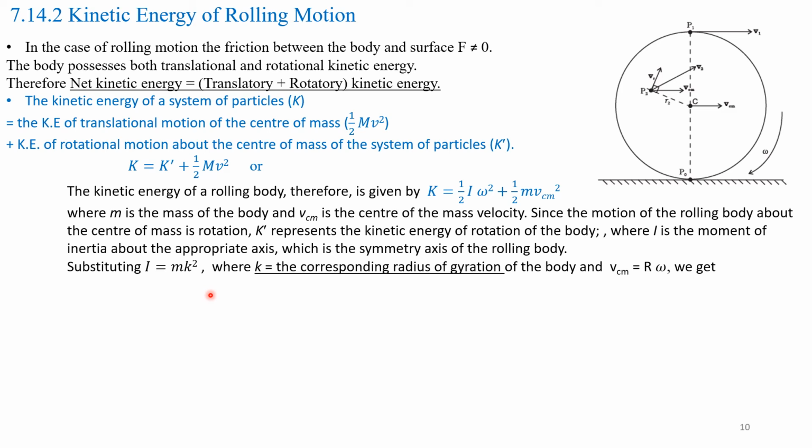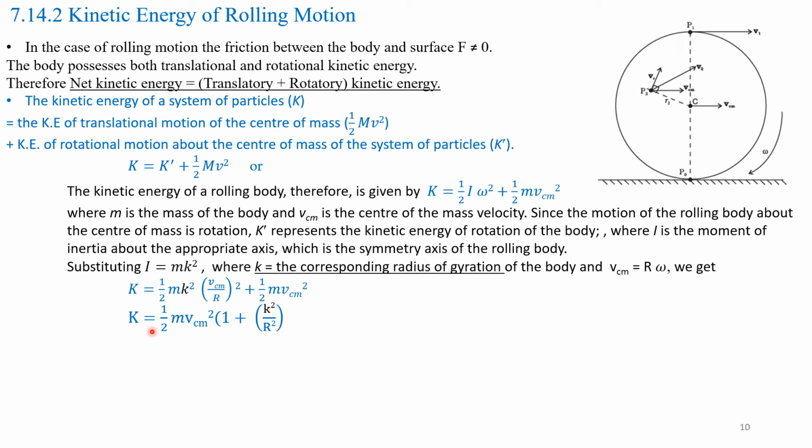Therefore, substituting I equal to mk square, where k is the corresponding radius of gyration of the body, and vcm equal to r omega, where r is the radius and omega is the angular velocity, we get capital K equal to half of m small k square into VCM by R whole square plus half M VCM square.